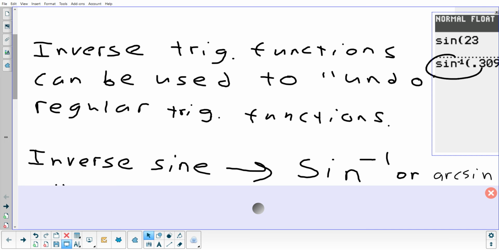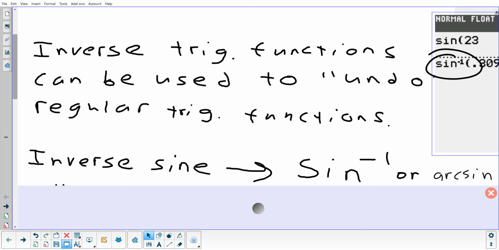So if you look at what I typed in, it says sine, but it also has this little -1 next to it, kind of like where an exponent would be. That -1 is not an exponent. I know it looks like it's a little bit higher, but that -1 is just a symbol that means inverse sine.